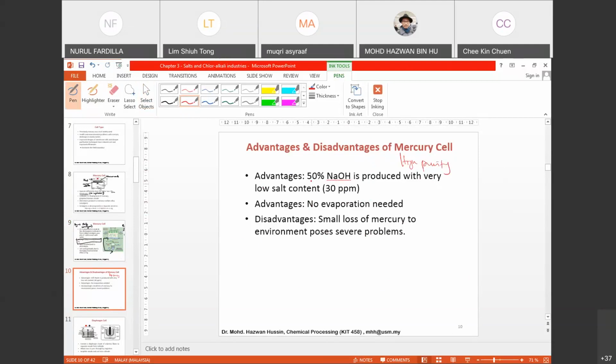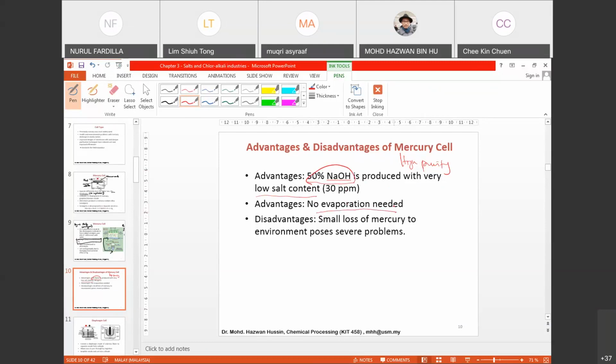The percent yield normally produced from mercury cell is around 50%, with a very low salt concentration. Salt concentration means that your sodium chloride, the unreacted sodium chloride, will be very little. And another advantage is no evaporation needed.